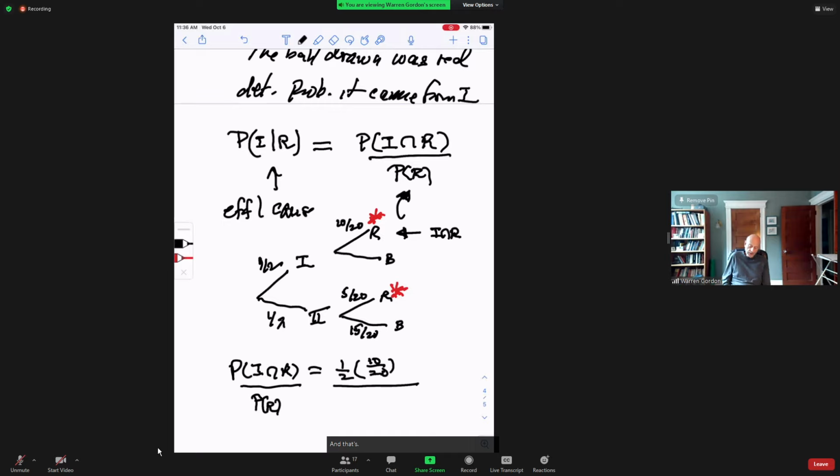And that's equal to 1/2 times 10 out of 20 plus 1/2 times 5 out of 20. So what does this give me? All denominators cancel, 10 out of 15, which is 2/3. Notice this term at the bottom is the sum of all the ways it can be read. That's the law of total probability.